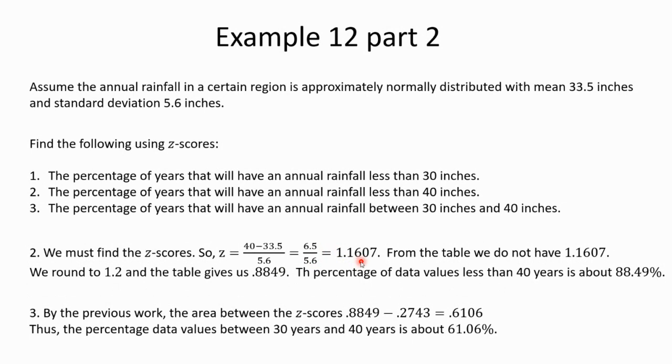I'm not going to go to the table again, but if you did look, you would see this is not in the table. So again, you would have to round to one decimal place. I'm sure there are tables that have the area for numbers like this, just not the table that we have. So we round to 1.2, which is the closest one in the table, and we get 0.8849.